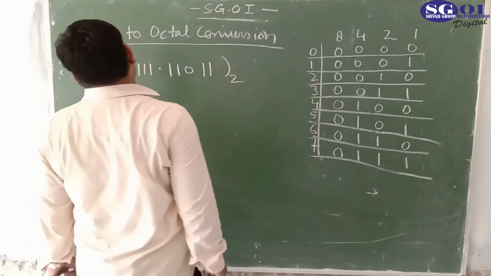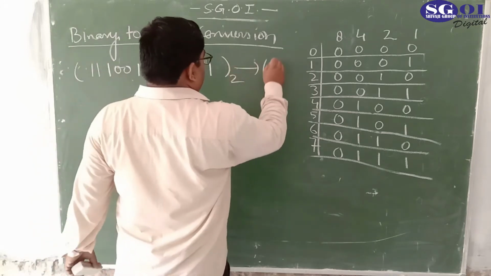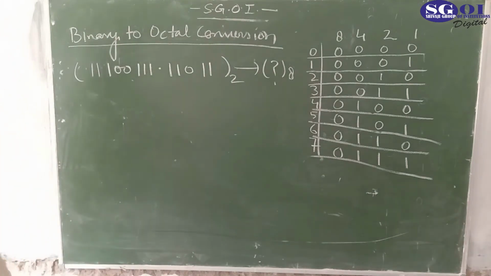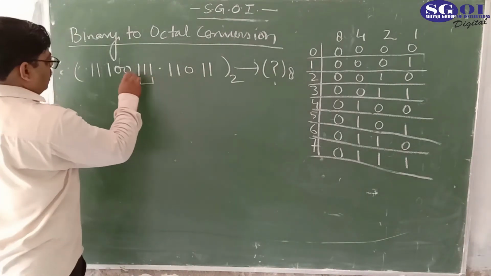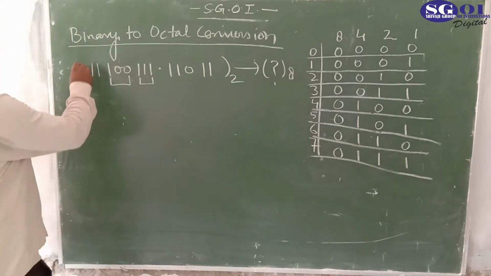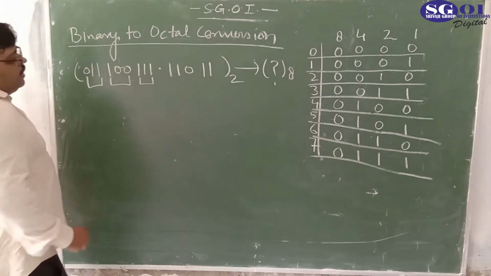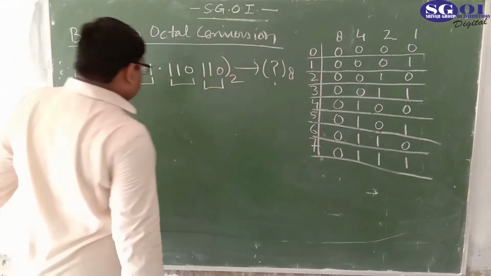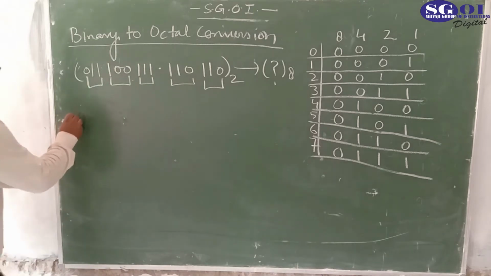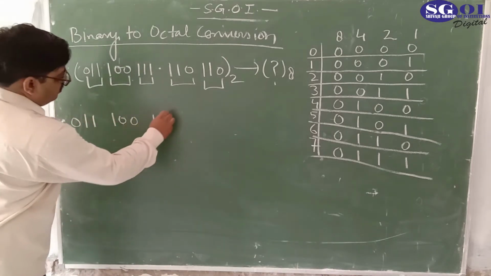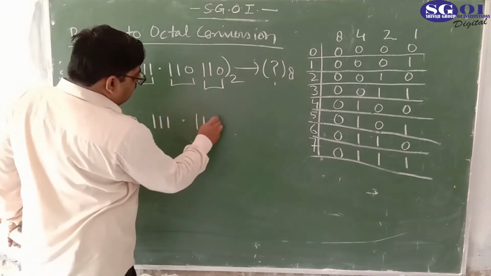This is a binary number and we want to change this binary number into an octal number. Firstly, we make groups of three, but there are only 2 numbers present. Then we add 0 and make the group of 3. Here also a problem, so we add 0. Then we write these groups in an individual manner.